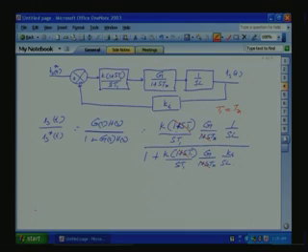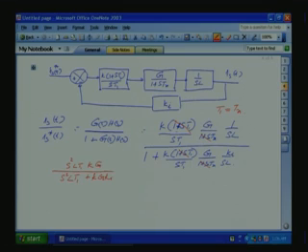But let us see the final transfer function. If you take it, it will be S square L T1 kg divided by S square L T1 plus kg Ki, this is the denominator.